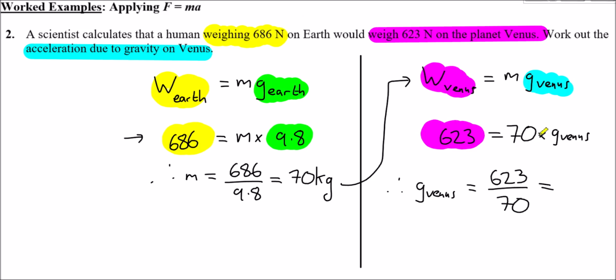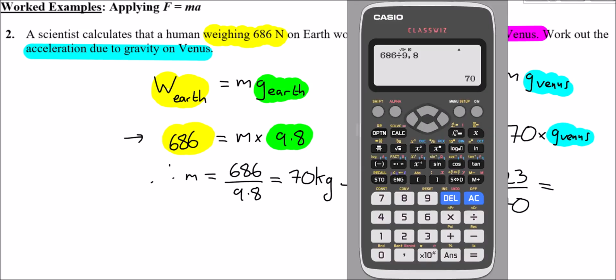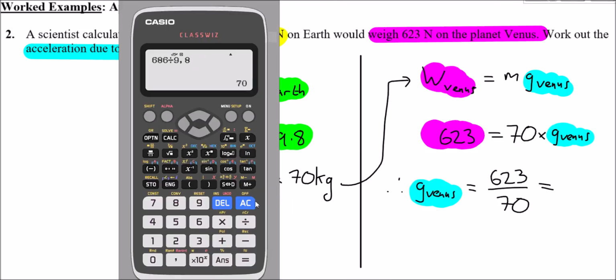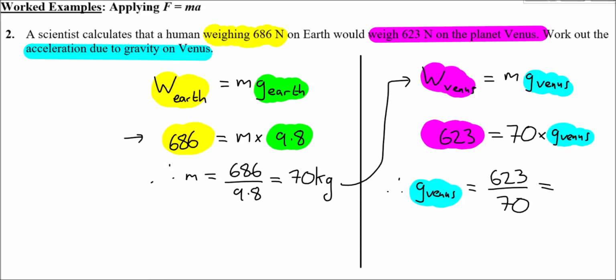If we work this out and round it to an appropriate degree of accuracy, I would say we could round it to either 2 or 3 significant figures if we feel generous. 623 divided by 70 comes out at 8.9, so 8.9 meters per second squared. So very similar to that of Earth. For that reason, Venus is often informally considered a sister planet to Earth.